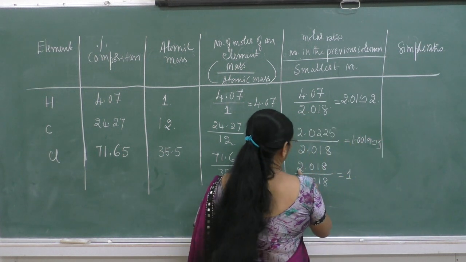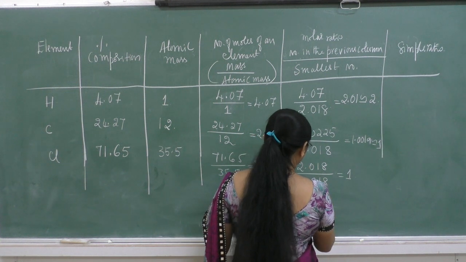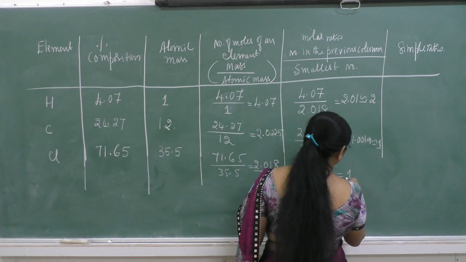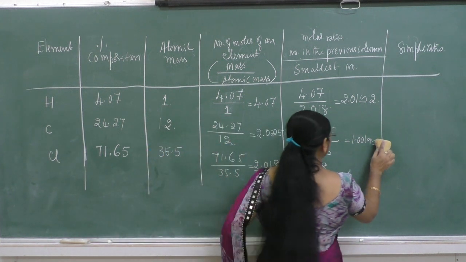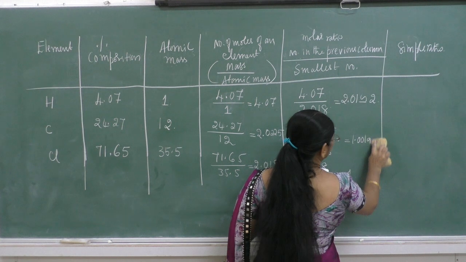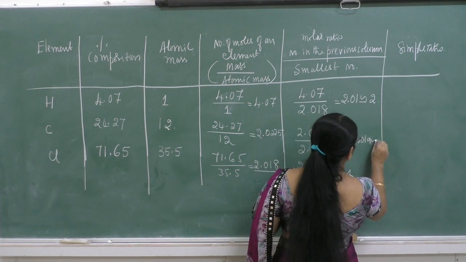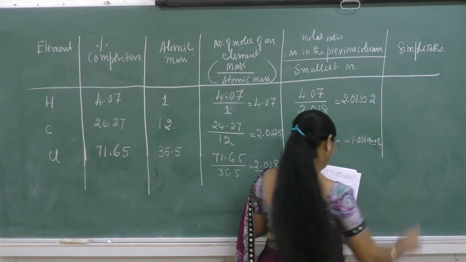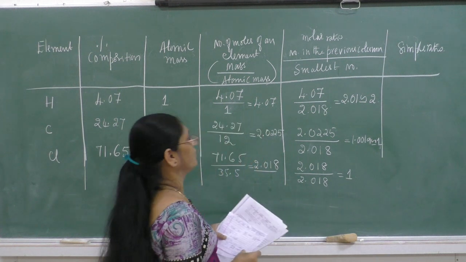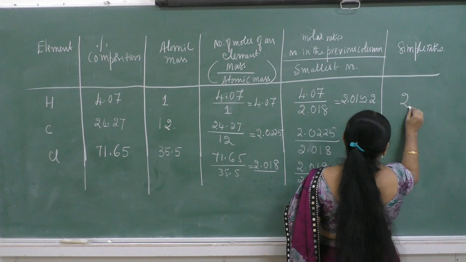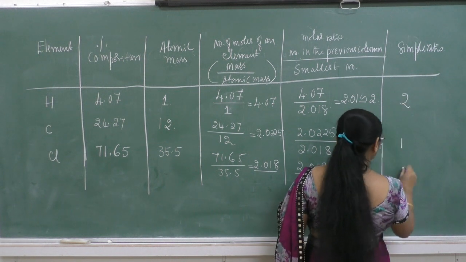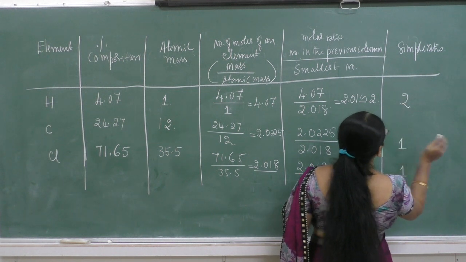Then 2.018 divided by 2.018 is equal to 1. So what is the simple ratio? 2, 1, and this is also 1.